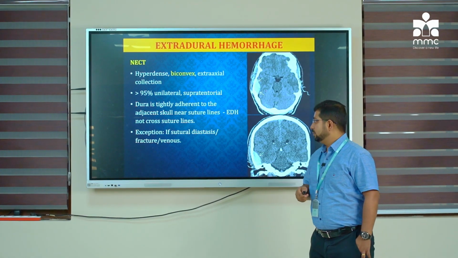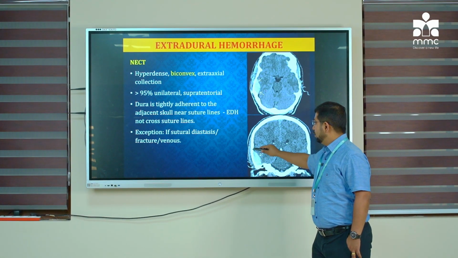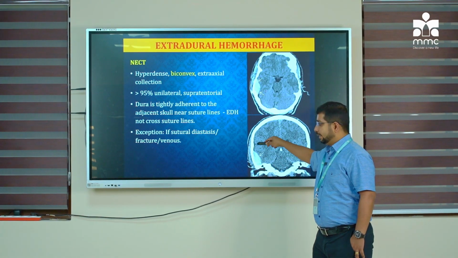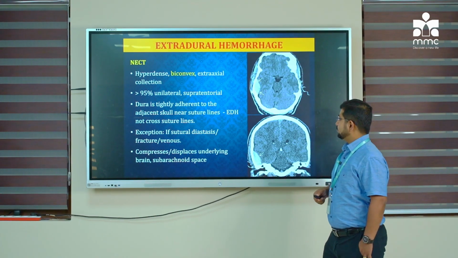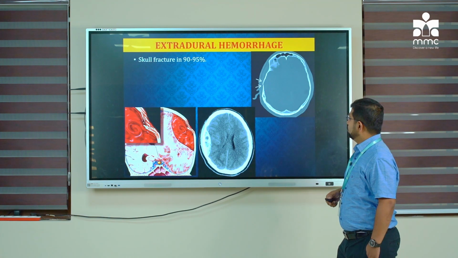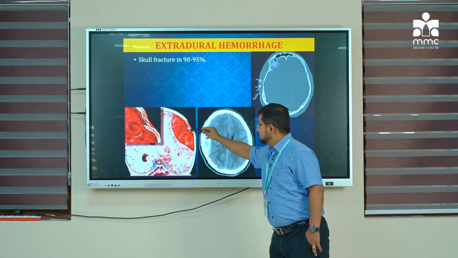There are some exceptions. If there is a fracture across the suture line, or it's a venous extradural hemorrhage, then it can sometimes cross the suture line, which is rare. We can see here there is a fracture, and some blood vessel is ruptured.